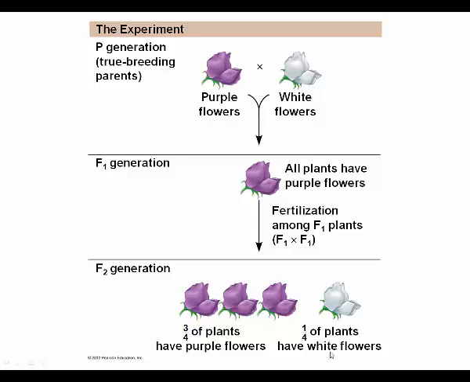And no matter which trait he used of those seven, round or wrinkled seeds, yellow or green seeds, tall or dwarf plants, still he got the same outcome. The F1 generation only showed the dominant of the two versions of the trait, and the F2 always showed a 3:1 ratio of dominant to recessive.